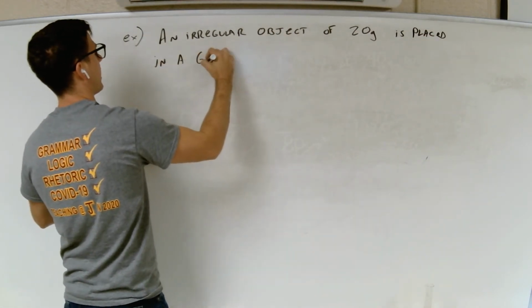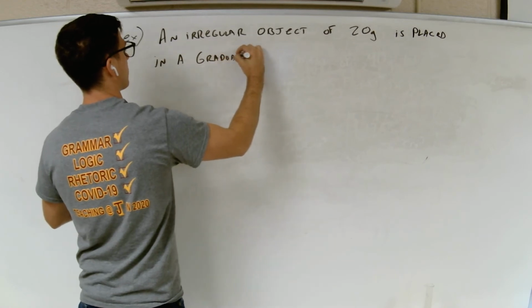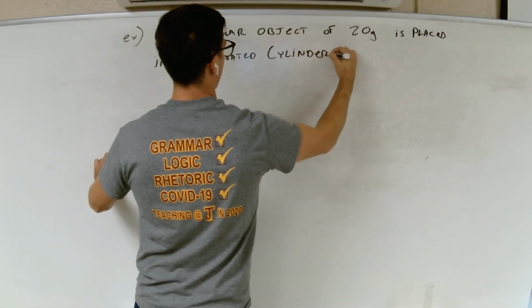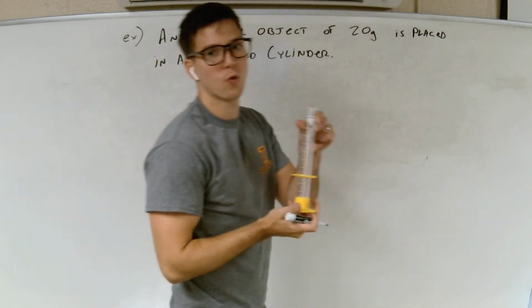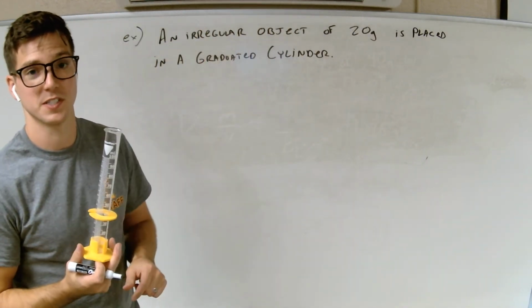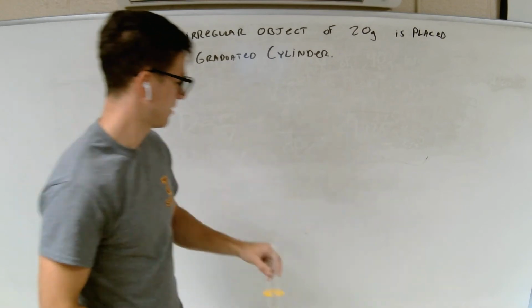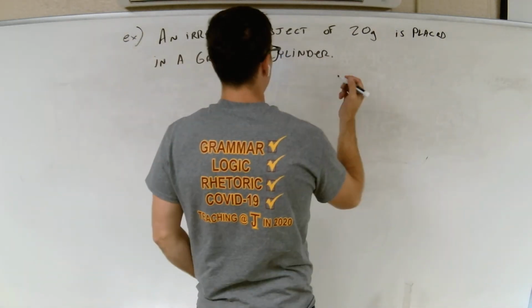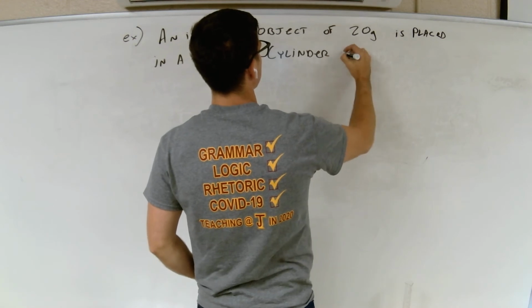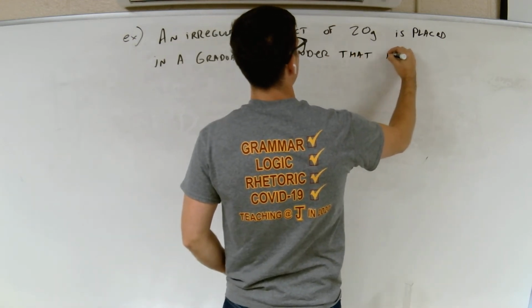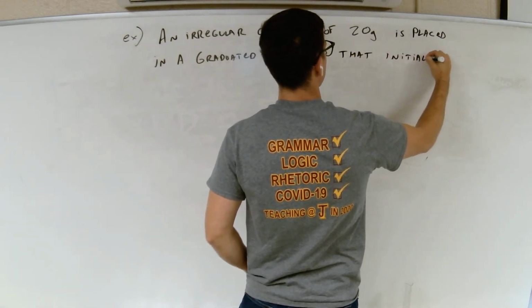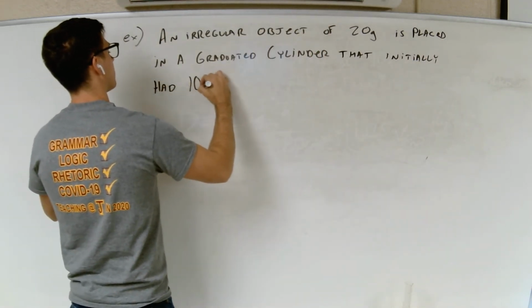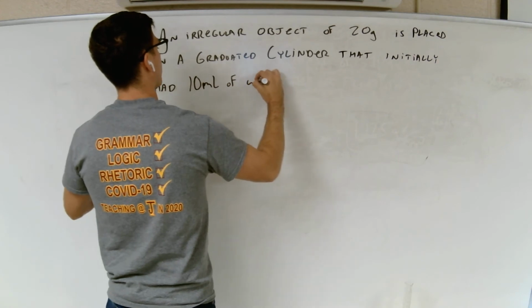in a graduated cylinder. Remember what a graduated cylinder is? Right there, right? Graduated cylinder. Went to college, so graduated. Okay? Is placed in a graduated cylinder that initially had 10 milliliters of water.